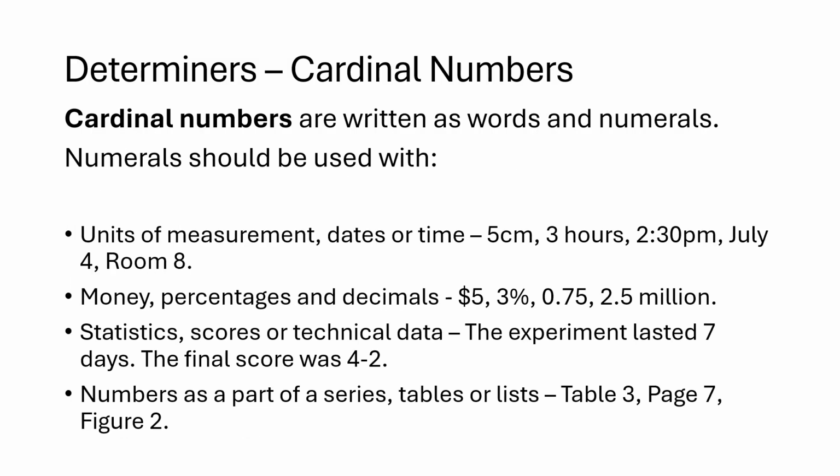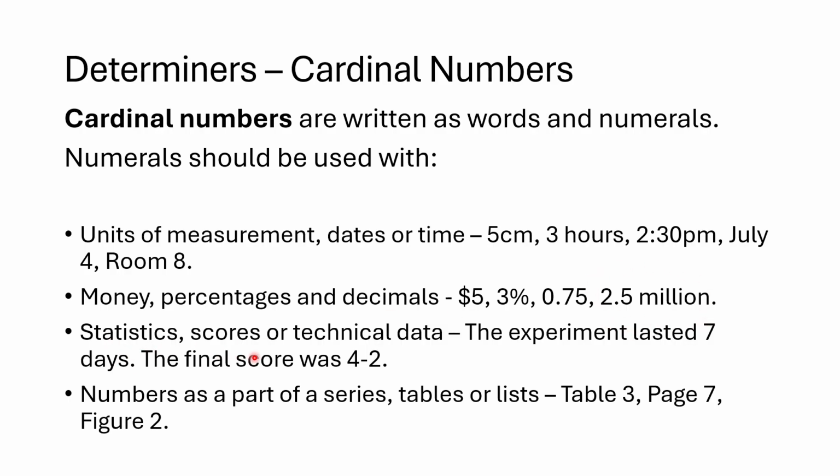Numerals should be used with units of measurement, dates or time: 5 centimetres, 3 hours, 2:30 p.m., July 4, room 8. Money, percentages and decimals: $5, 3%, 0.75, 2.5 million.